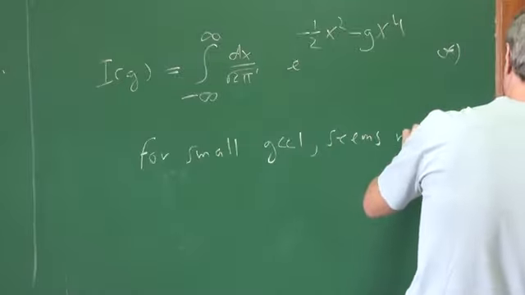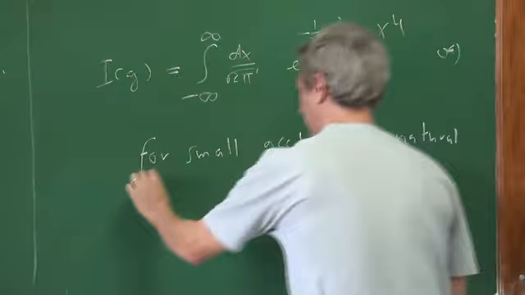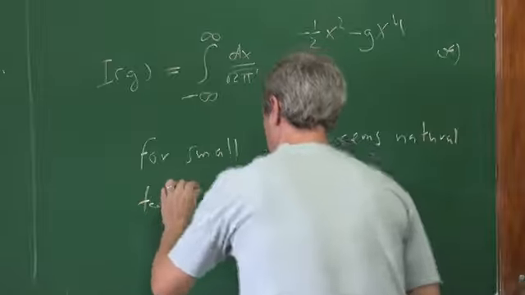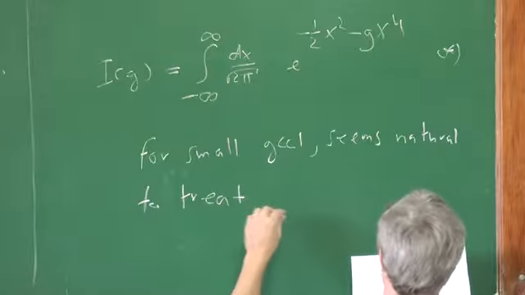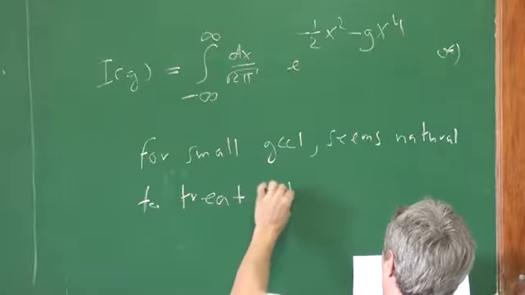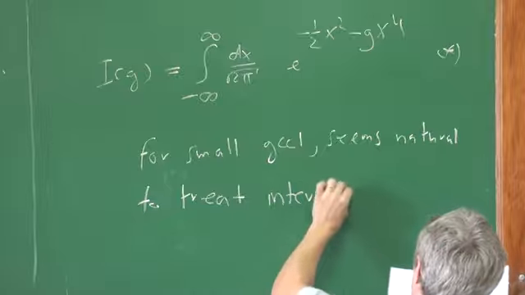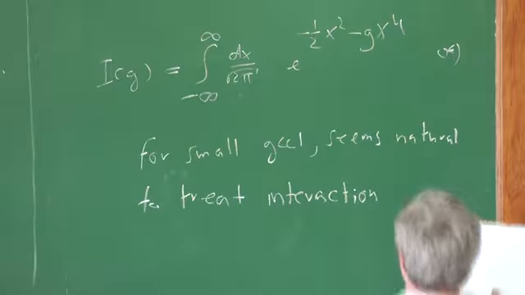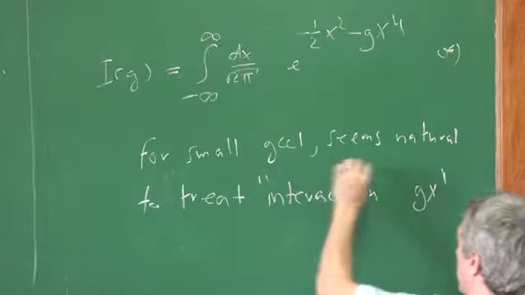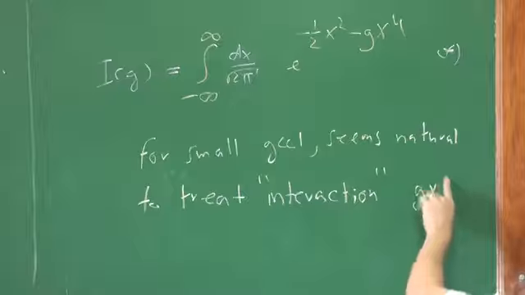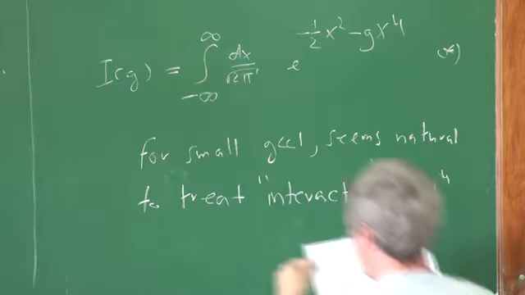well then it seems natural to treat the interaction, which we call the x to the 4 contribution, so the interaction will be g x to the 4, perturbatively.